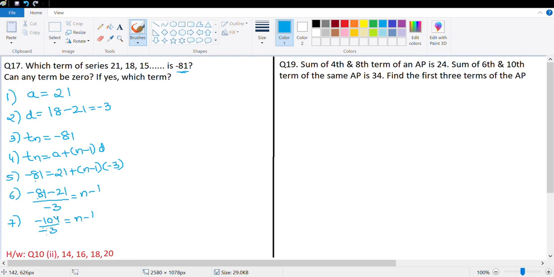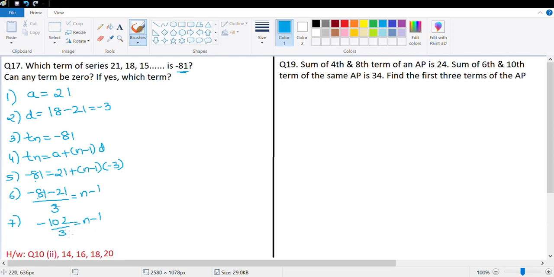Mistake. 81 minus 21 is not 104. That's 102. Oh, okay, I'm making quite a few silly mistakes, but doesn't matter. That's 102 divided by 3 is equal to n minus 1.